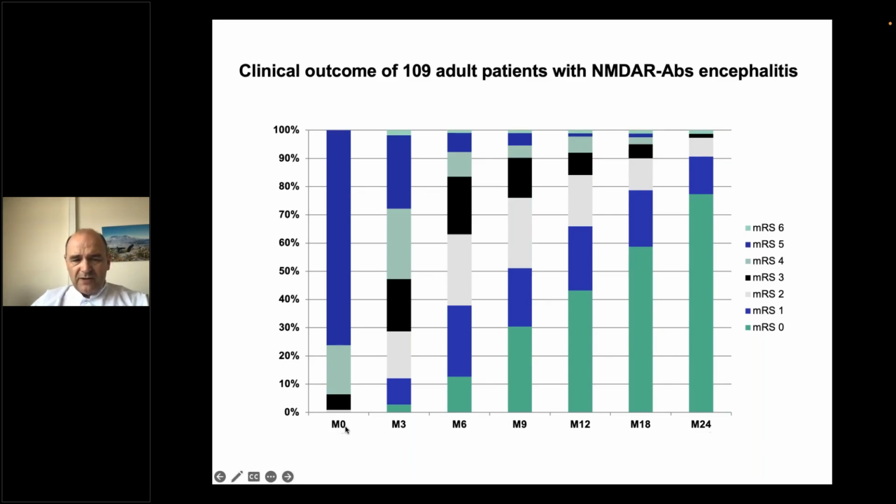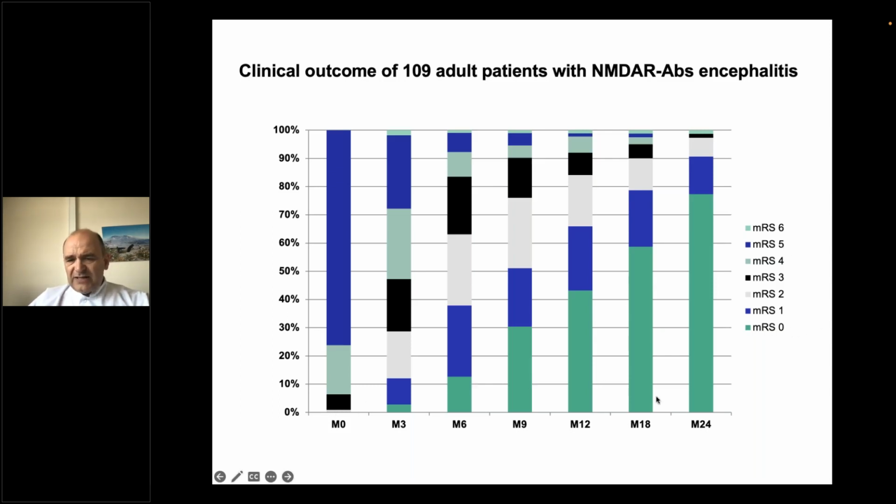It's the month, 0 to 2 years, and the modified Rankin scale, 6. Unfortunately, you're dead, and you can see that we lost some patients because of dysautonomia at the onset of the disease. 5, you are bedridden. 0, no signs.